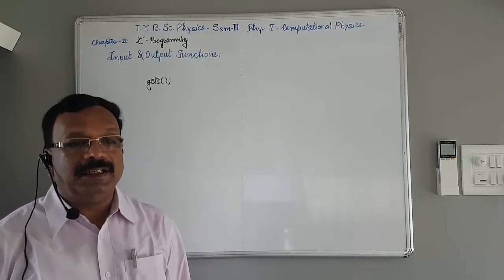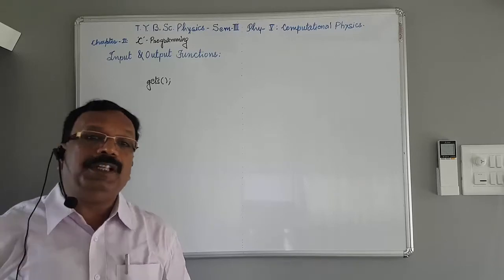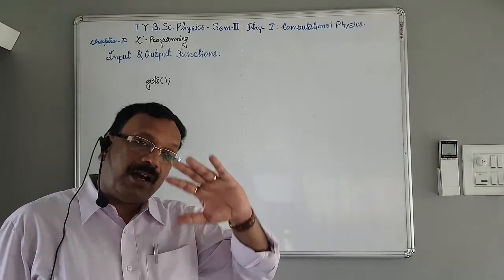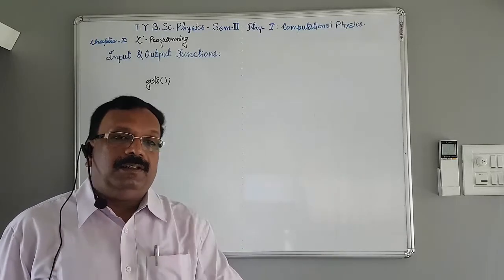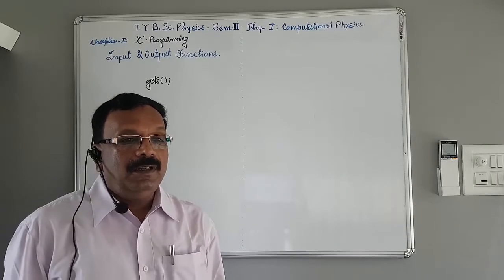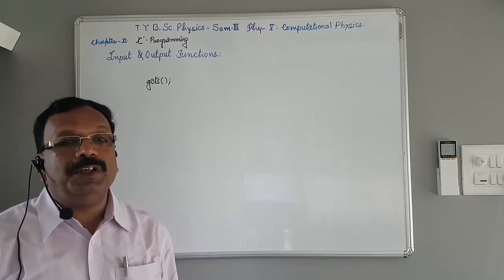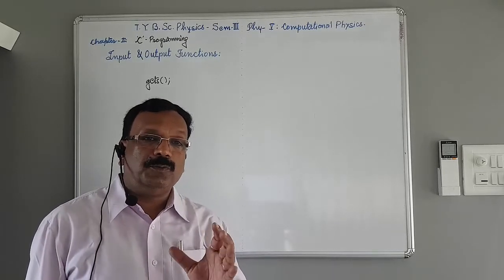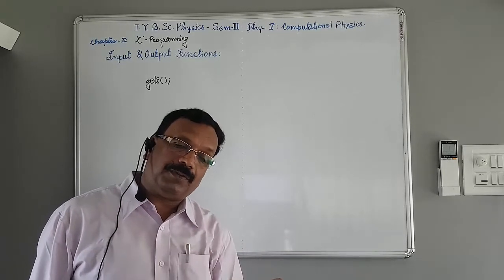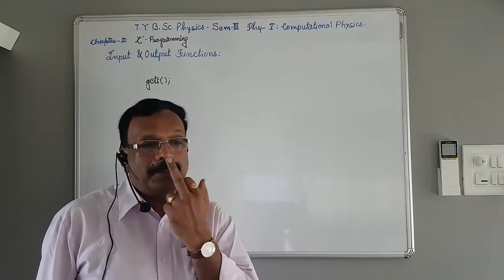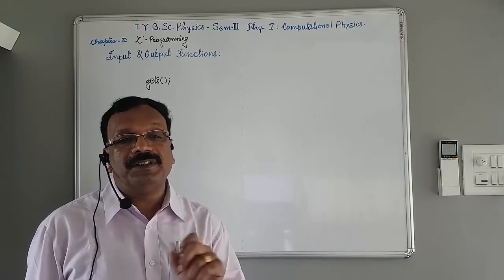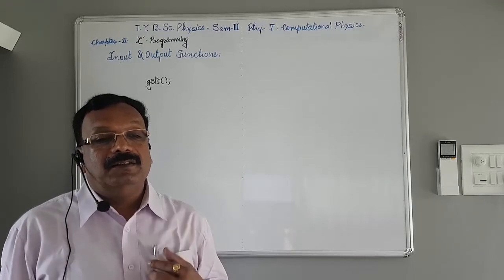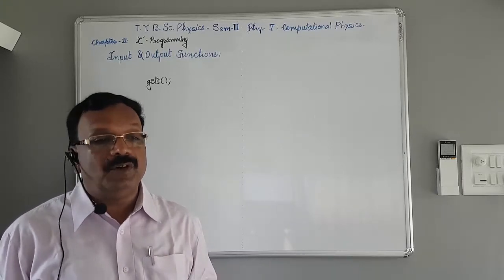The function gets receives a string from the standard input device like the keyboard, while puts, which is the output function, we will see after some time, outputs a string to the standard output device, on screen. The standard output device of a computer is the screen, and the standard input device is the keyboard.